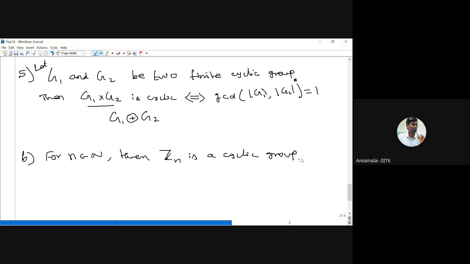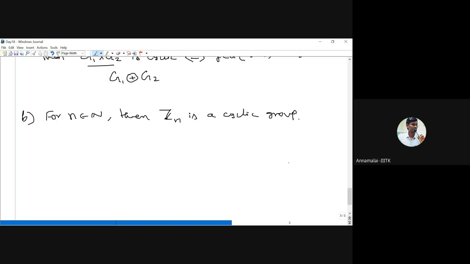And already we know the theorem: if we take any finite cyclic group of order n, then that group is isomorphic to Zn. So any cyclic group of order n is isomorphic to Zn.